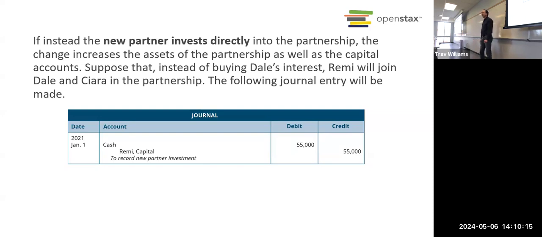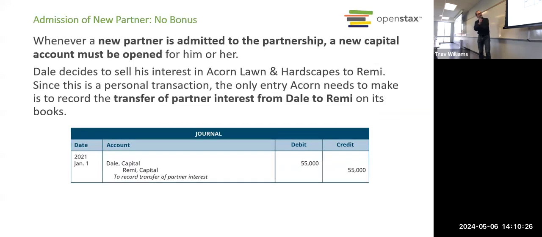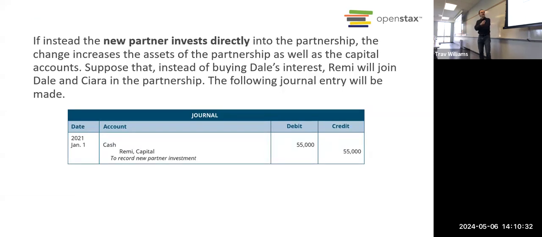Or actually, no, they would be paying him off. Anyway, so you could structure it either way. The old partner gets paid by the new partner, or the partnership gets paid by the new partner. Either way.